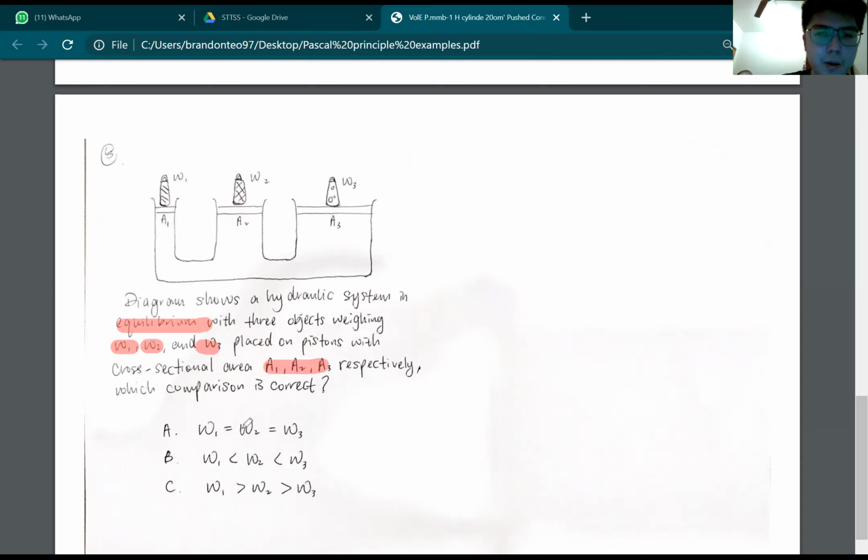Which comparison is correct? So which one has the greatest weight? By looking at this example, which one has the greatest weight?